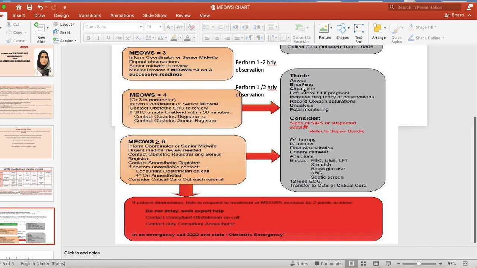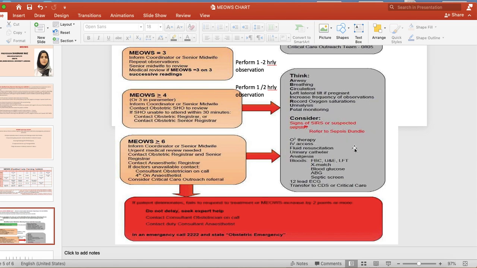It means think airway, breathing, circulation, left leg tilt if pregnant, increase frequency of observation, half hourly observation, record oxygen saturation, urine analysis, fetal monitoring.